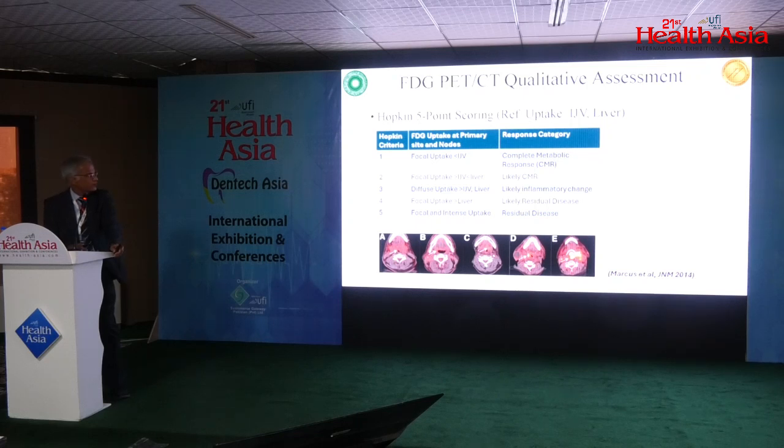For score 1, where the focal uptake is less than the internal jugular vein, it is considered a complete metabolic response, while for score 5, when there is a focal and intense uptake, it is usually considered residual disease.